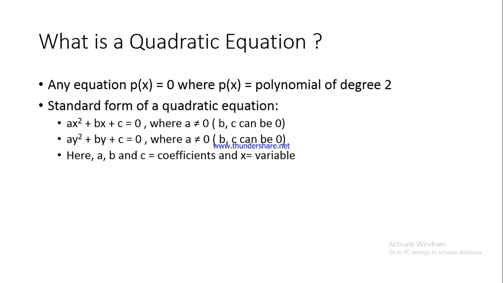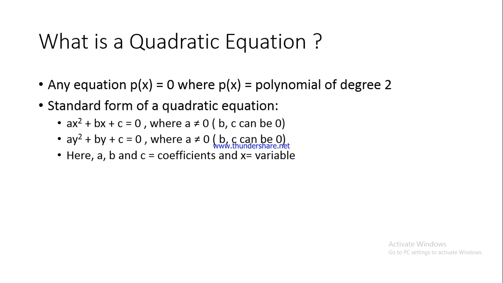So there is a term ax², which means there's a term in which the power of x is 2. Then there is another term in which the power of x is 1, and then there is a term c which does not have x as such.